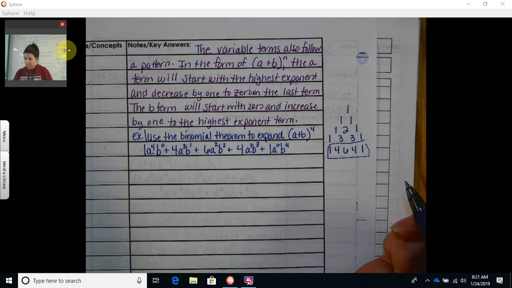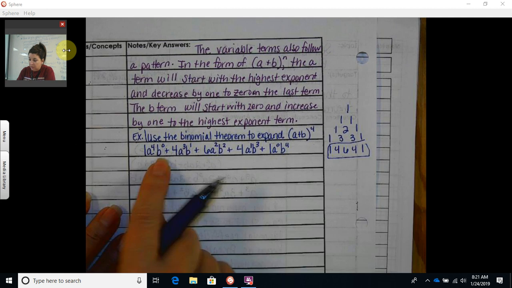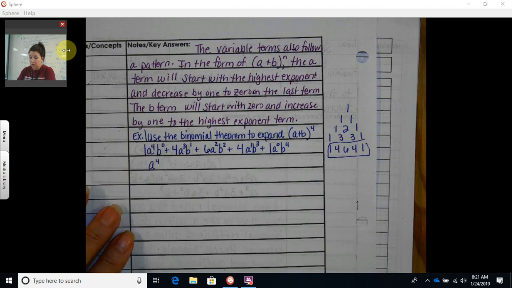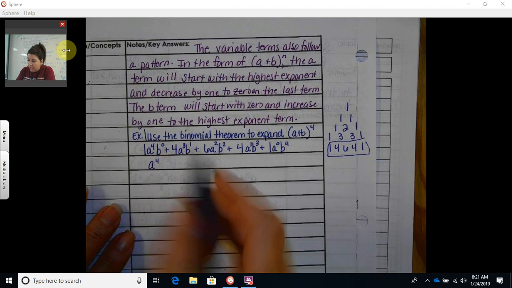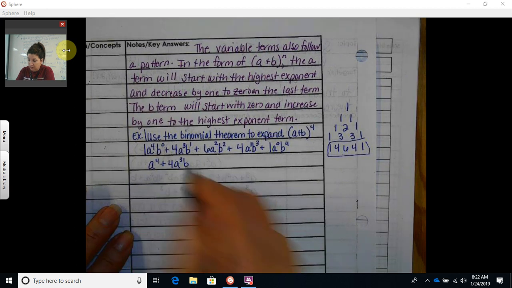Okay, so now let's clean it up. What is 1 a to the 4th b to the 0? Just a to the 4th, because b to the 0 means 1, and 1 times a to the 4th times 1 is just a to the 4th. For positive 4a cubed b to the 1st, it would be plus 4a cubed b. We don't need to write the 1st.